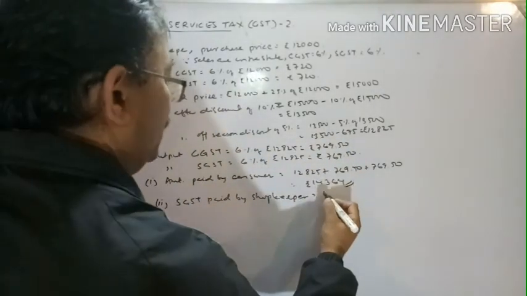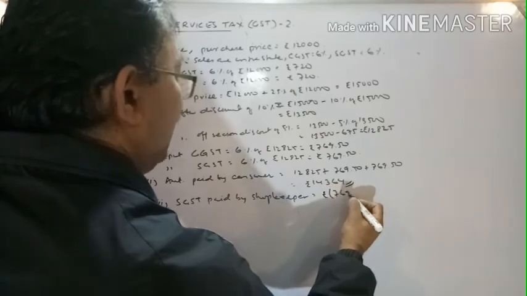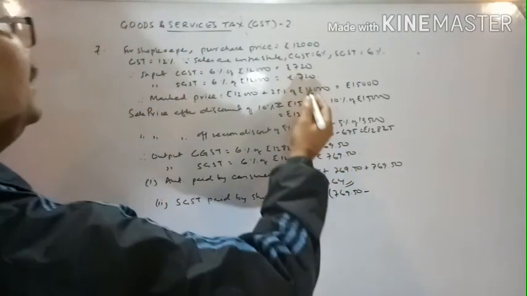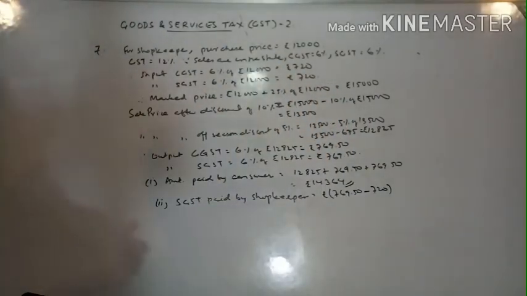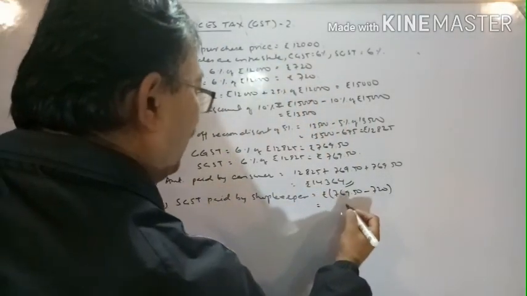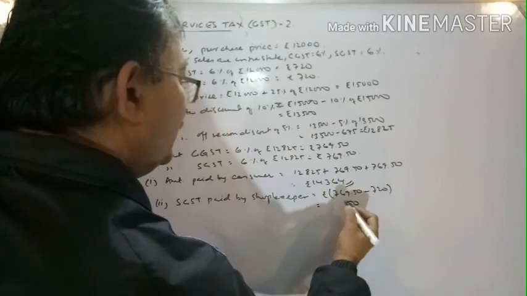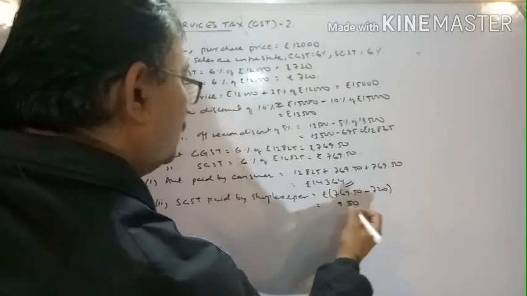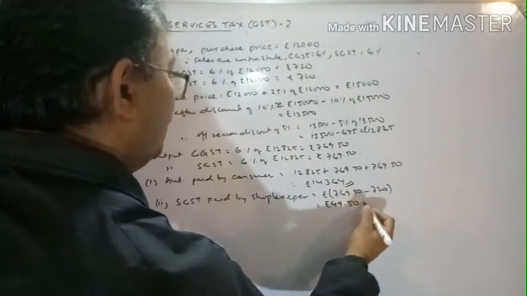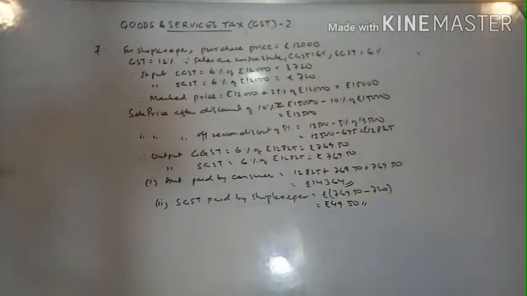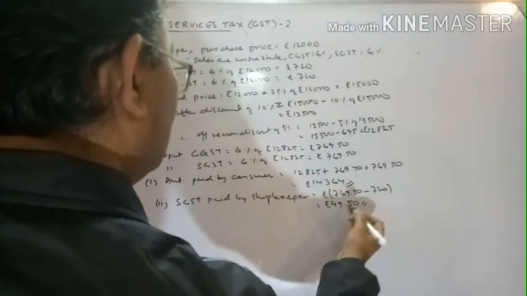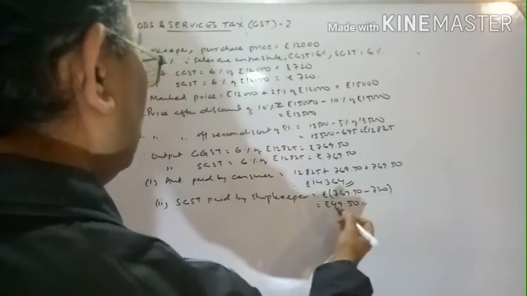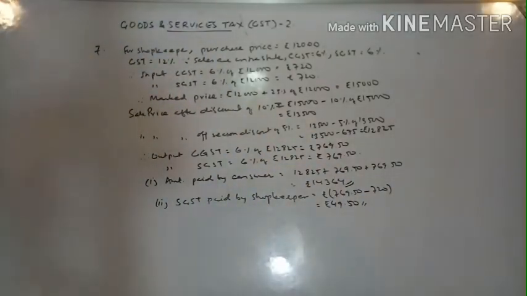So output is rupees 769.50 minus 720. 720 is input. Okay, so 0.50 will come as it is. 9 minus 0 is 9. 6 minus 2 is 4. So 49.50. So this is the answer.